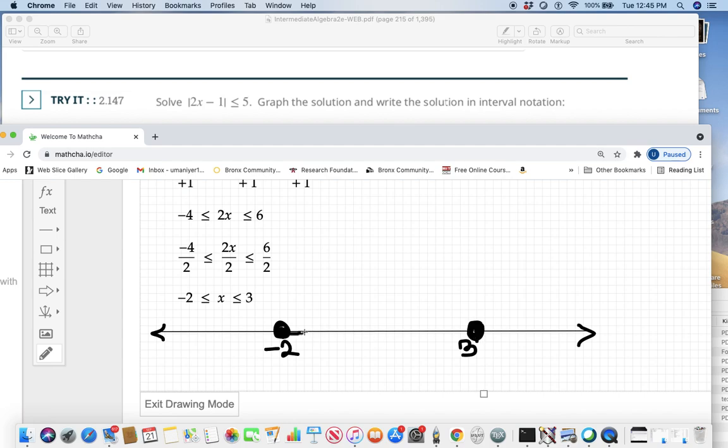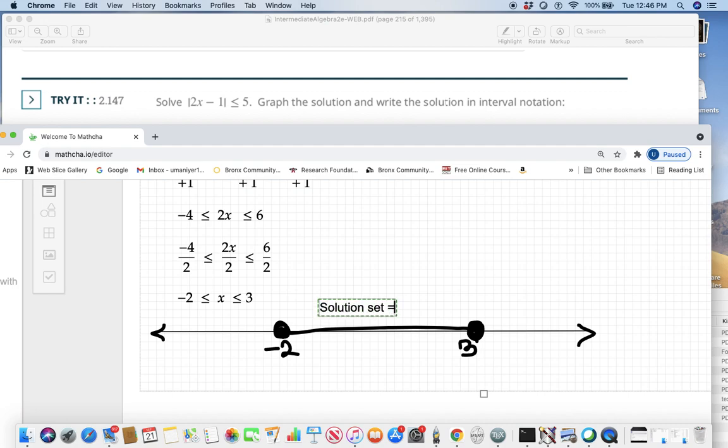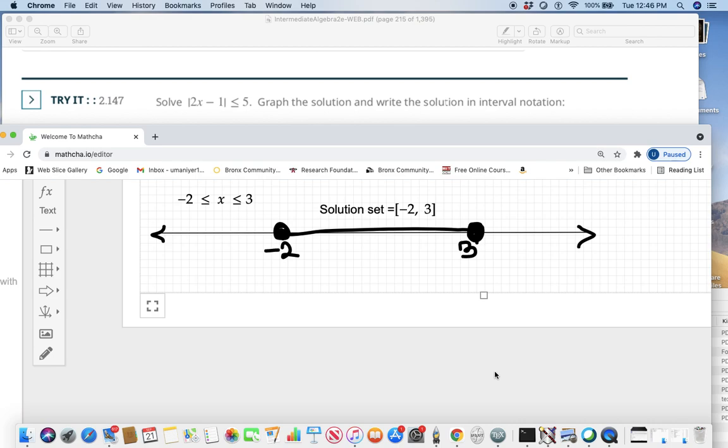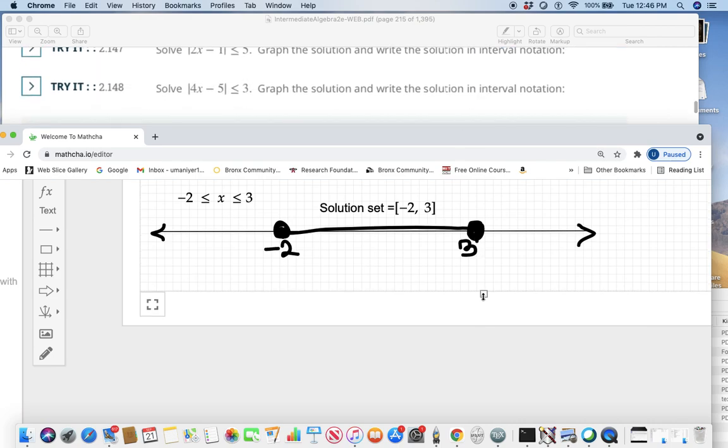And now x is between these two ends. Which brings us to the solution set in the interval form. The leftmost point of your interval is negative 2, which is included, so it's a bracket. The right hand point is 3, which is also included, so that's a bracket. That's it.